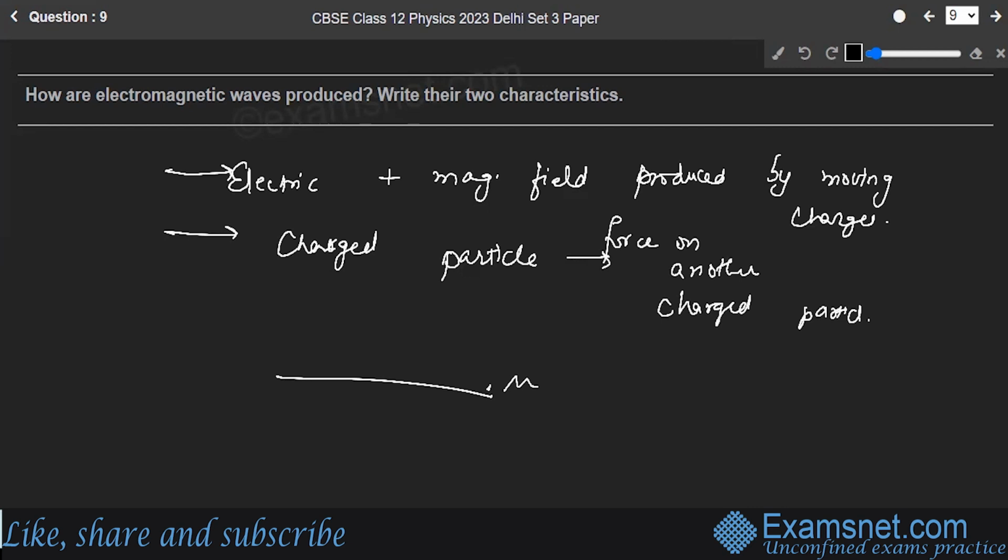And it also produces a magnetic field as predicted by Maxwell's equation. Once in motion, the electric and magnetic fields created by the charged particle are self-perpetuating. The time-dependent changes in one field, electric or magnetic, produce the other. Both fields in the electromagnetic wave fluctuate in time, one causing the other to change.